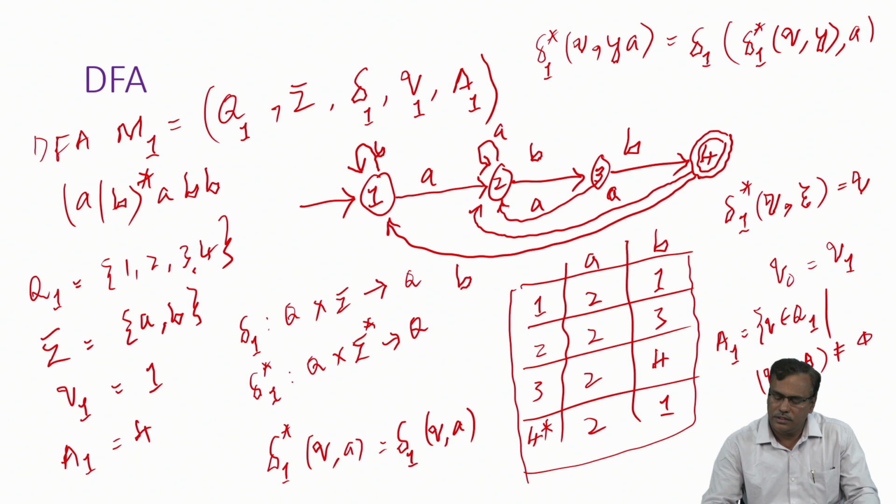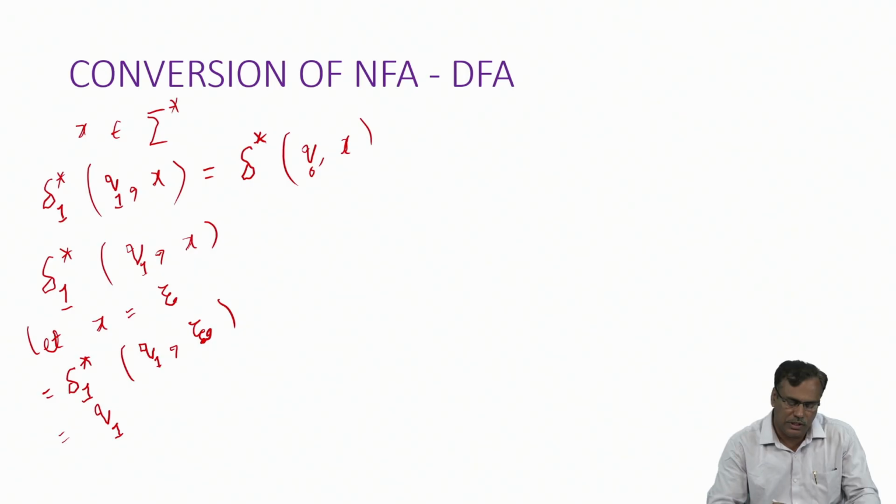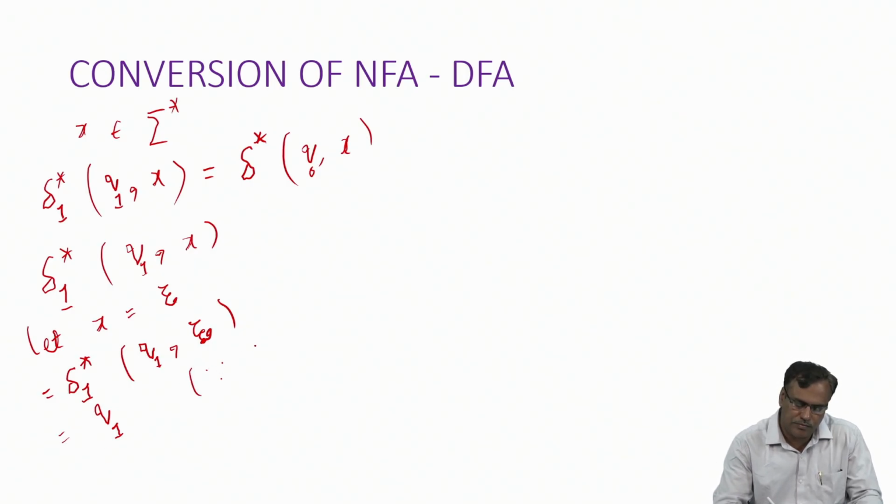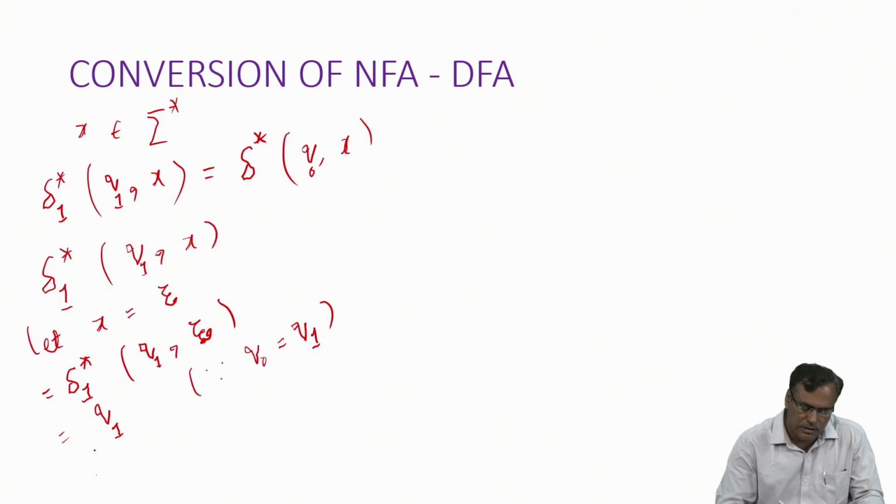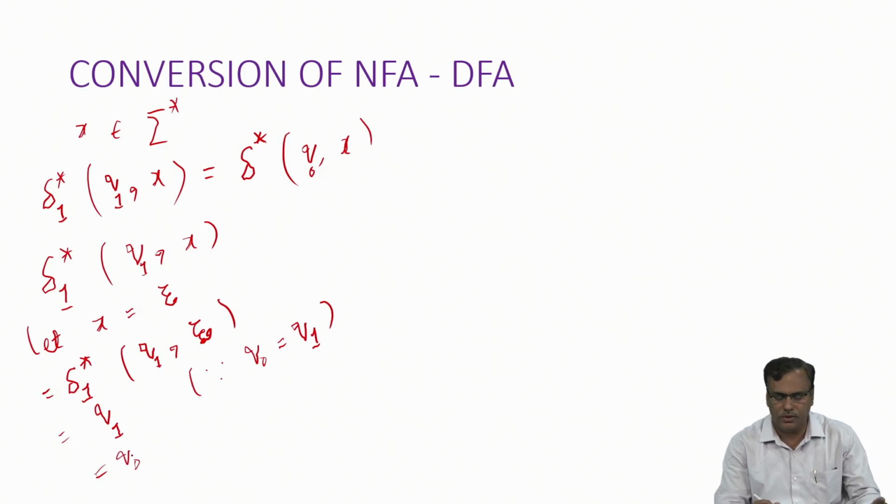It is the same, so we came to know that q naught is equal to q1. Since q naught equals q1, I'm going to replace q1 with q naught itself.